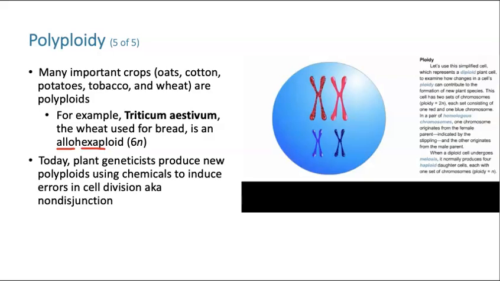But what we do know is that today we can produce new polyploids by simply exposing plants to various chemicals to make the errors happen in cell division. And also, just as a refresher for you, that term where you have errors in cell division, that's called nondisjunction.